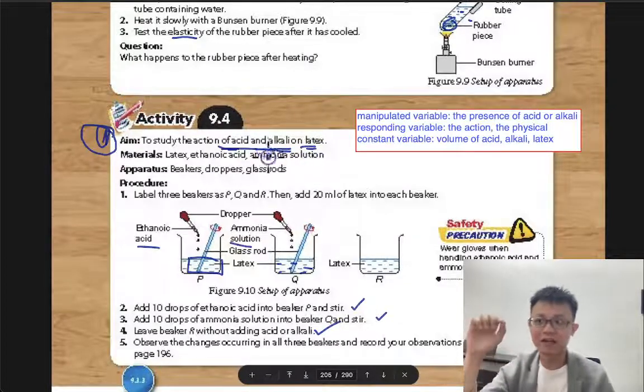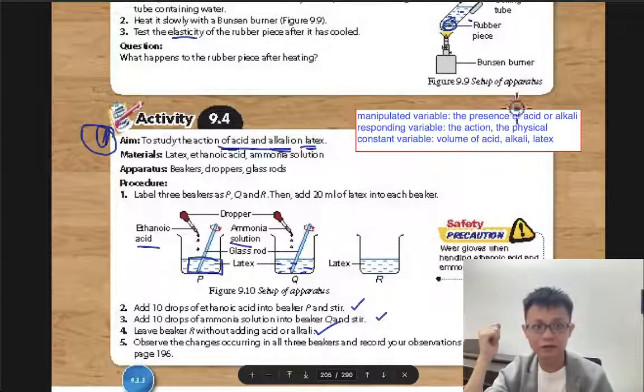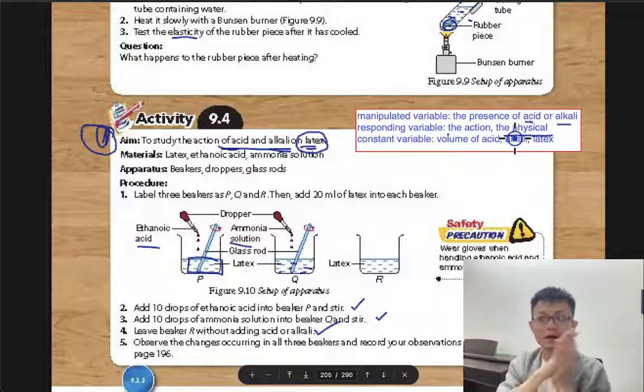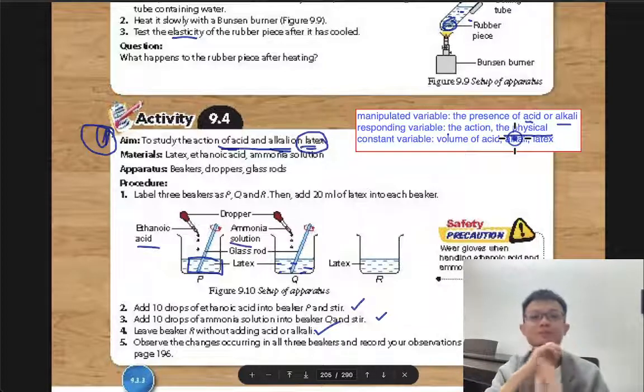So the manipulated variable, the thing that we want to change, will be the acid or alkaline effect on the latex. For the responding variable, my student gave the action on the latex, but my answer is the physical condition of the latex, whether it will become solid or become liquid.